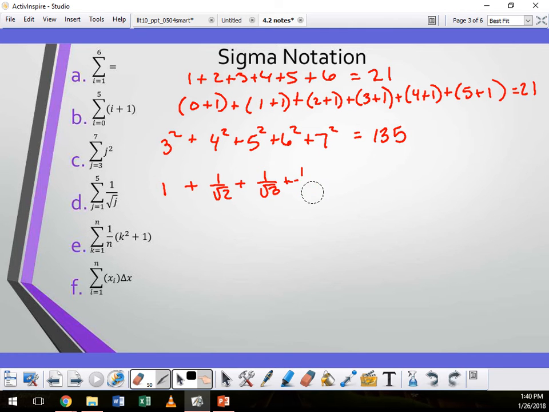I almost missed it. Plus 1 over rad 5 with the numbers. We can combine 1 and 1 half. We can. 3 halves.